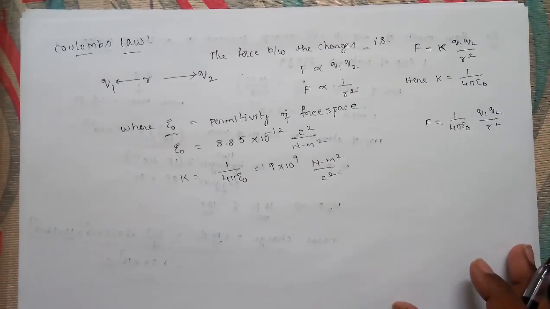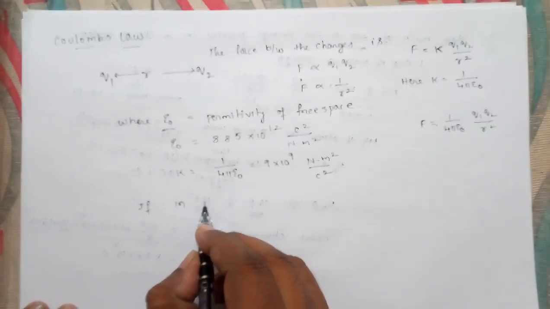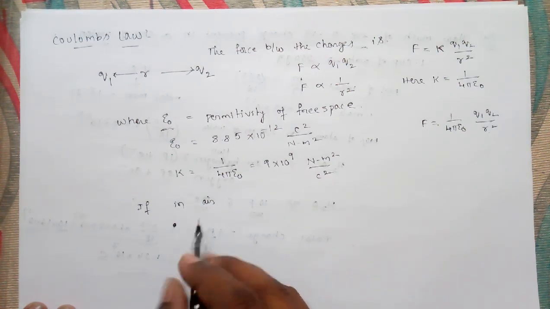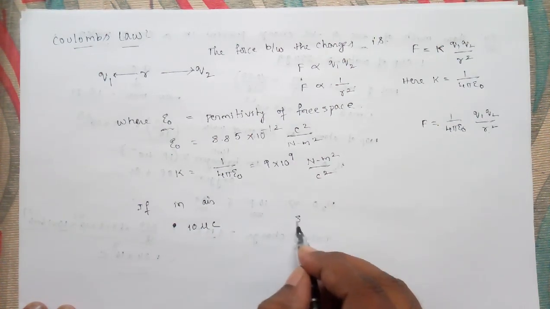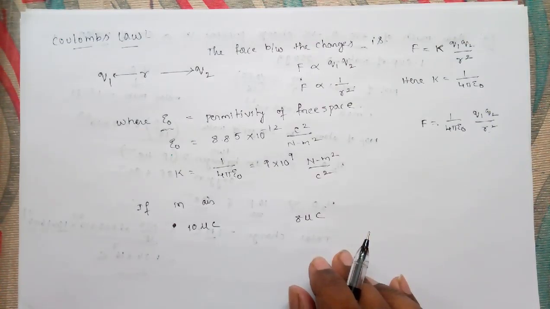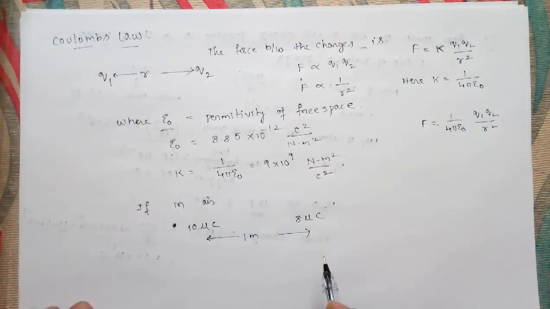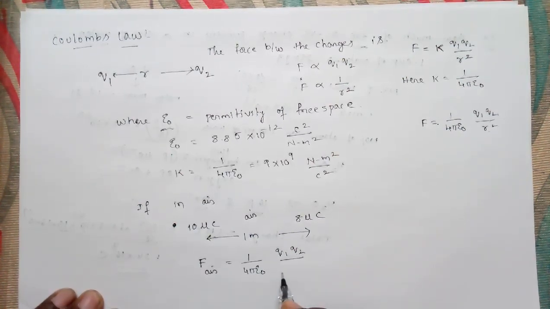Suppose in air, one charge is 10 microcoulomb, another is 8 microcoulomb, and they are separated by a distance of 1 meter, with air as the medium. Then F in air equals 1 upon 4 pi epsilon naught q1 q2 by r square.